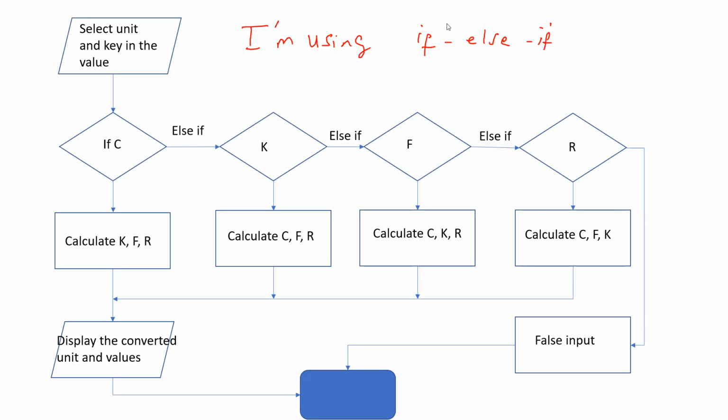So I'm using this. For example, I didn't have the space above right here. So if I input C, I'm calculating Kelvin, Fahrenheit, or Rankine, and then display the value.